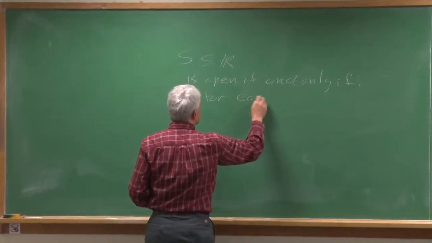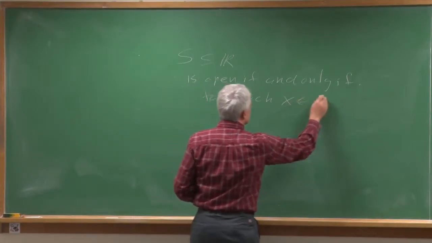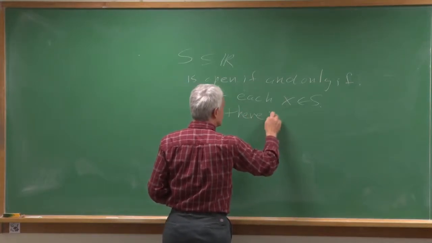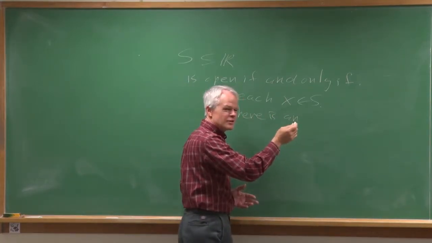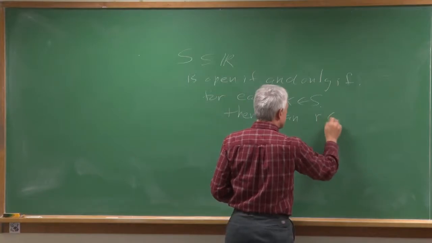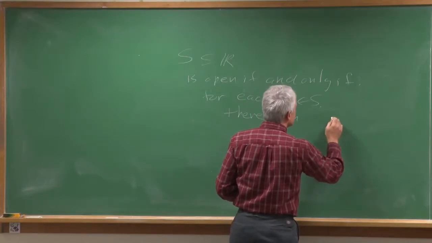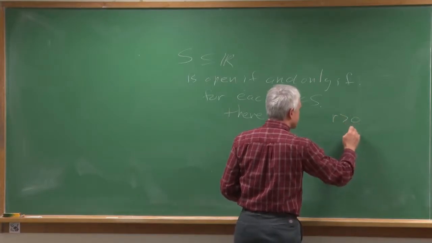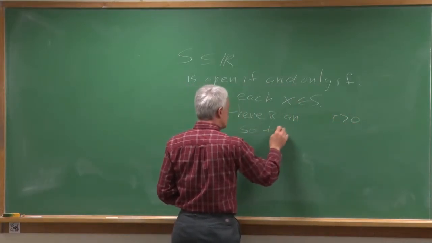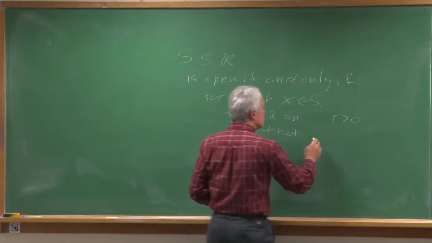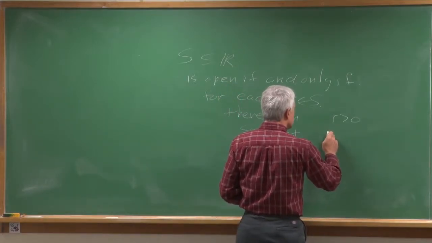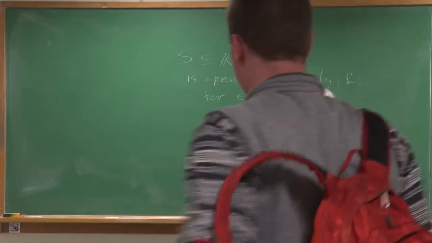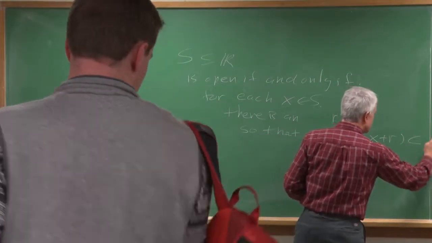For each x in the set, what do we have to say? There is an r. Technically it's a small r, greater than 0, such that the interval between x minus r and x plus r is contained in your set.